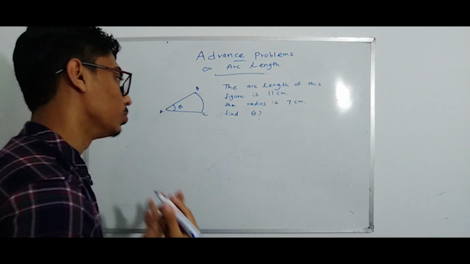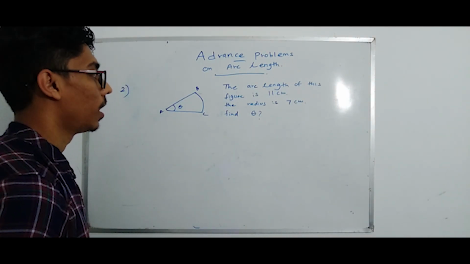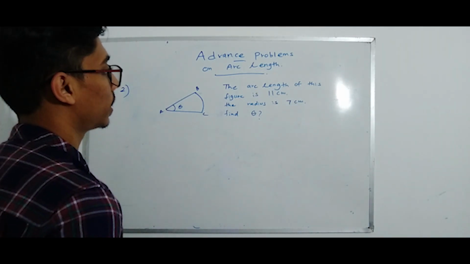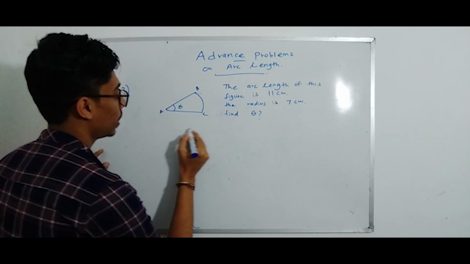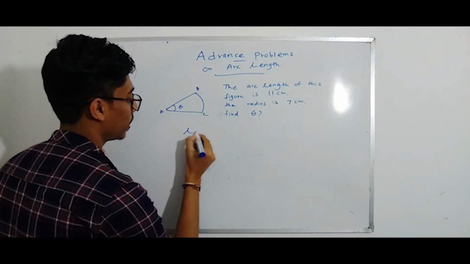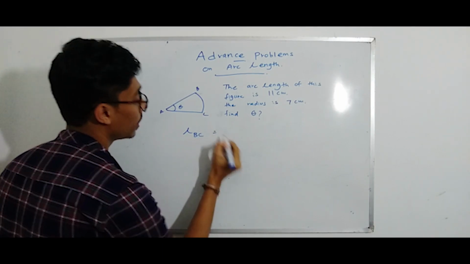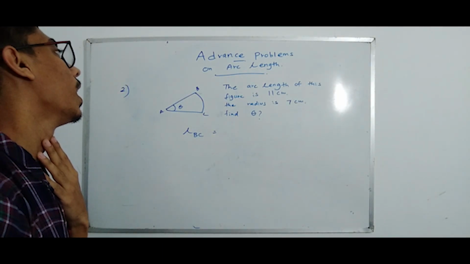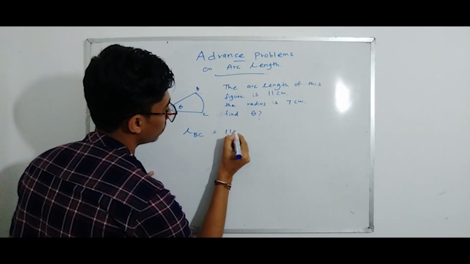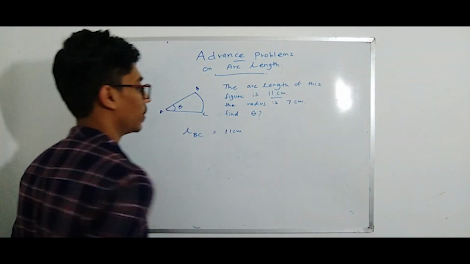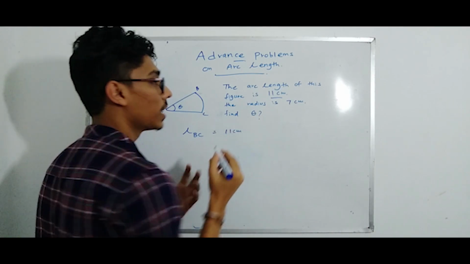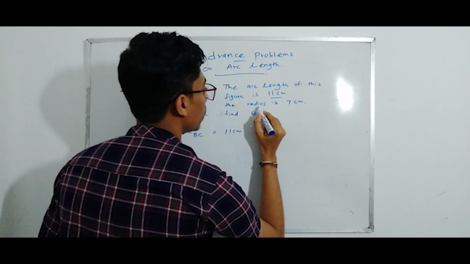So as usual, I'm going to use my equation to find the arc length, right? So in this instance, the arc length, the length BC is 11 centimeters. So this I know. I'm going to underline that. This is how you solve a problem.